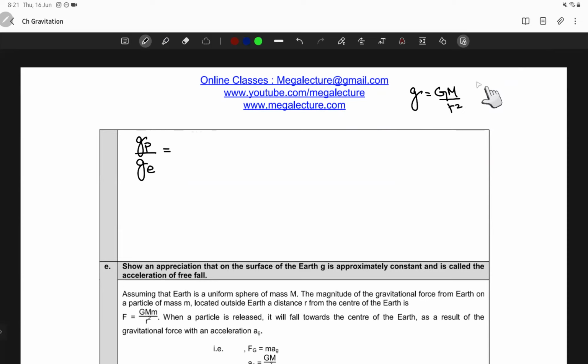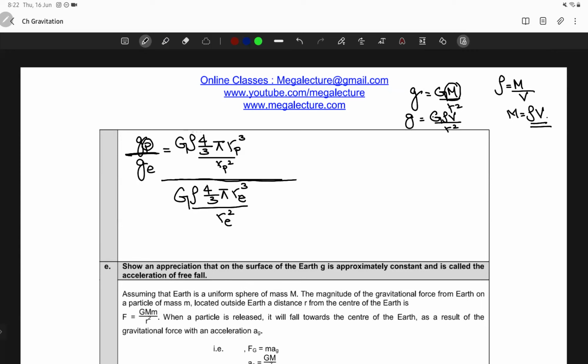It is again G, and density is the same, as mentioned in the question, so we are just using rho. Then we have volume as 4 by 3 pi r, this time the radius of the Earth cubed, divided by the radius of the Earth squared. Now you can see that this is a sign for dividing, right?